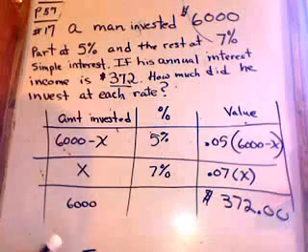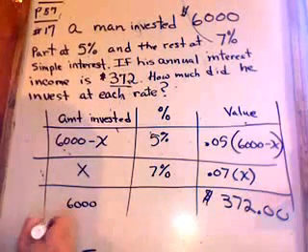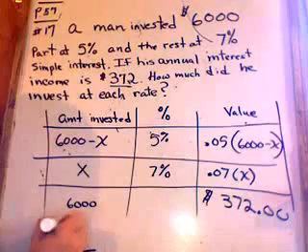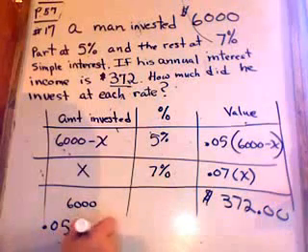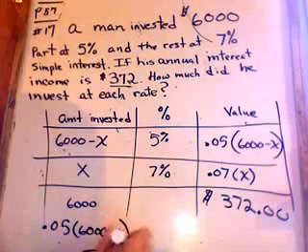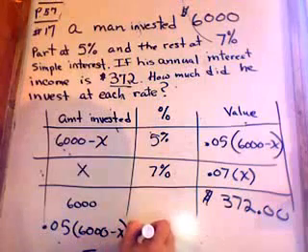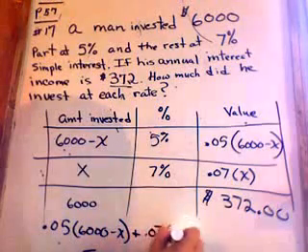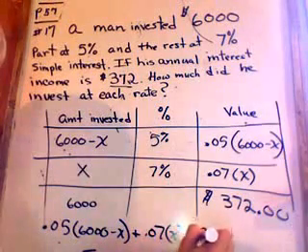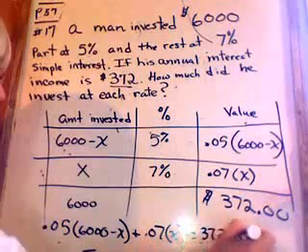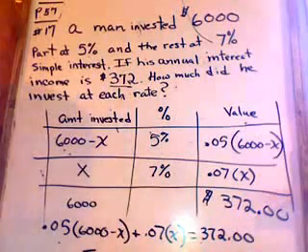So let's do that right here. So that means that I would have 0.05 times 6,000 minus x, hope you have your calculator ready, plus 0.07 times x equals 372.00. We'll save the dollar sign for later.